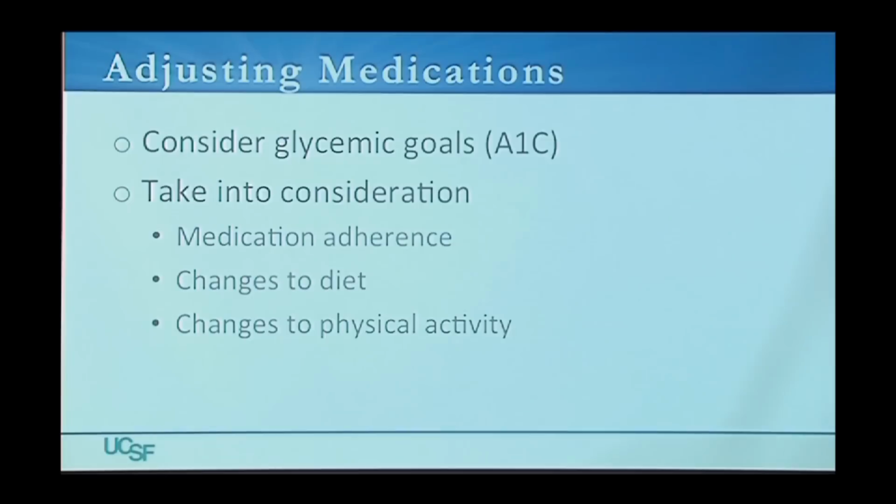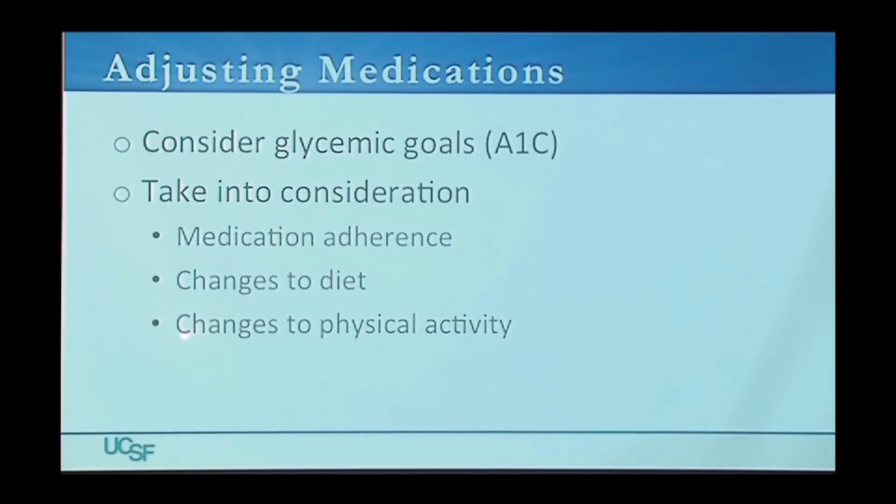Maybe your blood sugar started to go up because it's winter now, it's colder, it's raining, and I've stopped walking. Not because the medications aren't working, but I've changed my physical activity pattern. Or maybe I've started to eat more rice or have more tortilla. I used to have 1, now I have 2. So we look at changes to diet and physical activity always in consideration with the medications.